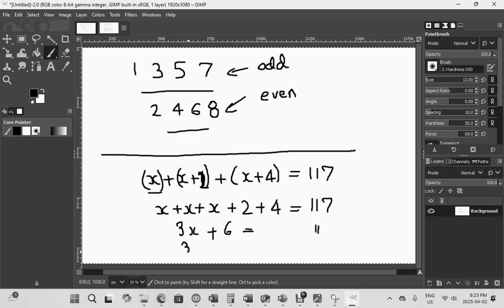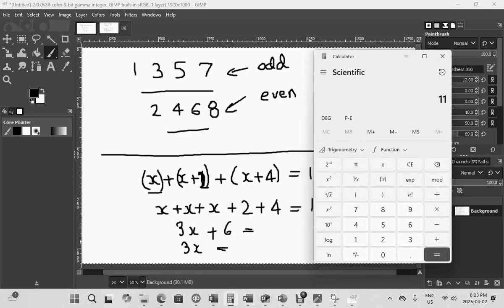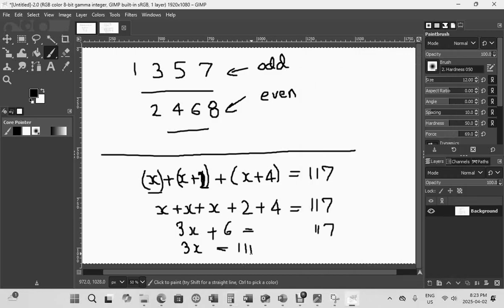So 3x will be 117 minus 6, which is 111. So therefore, x will be 37. So x is 37.